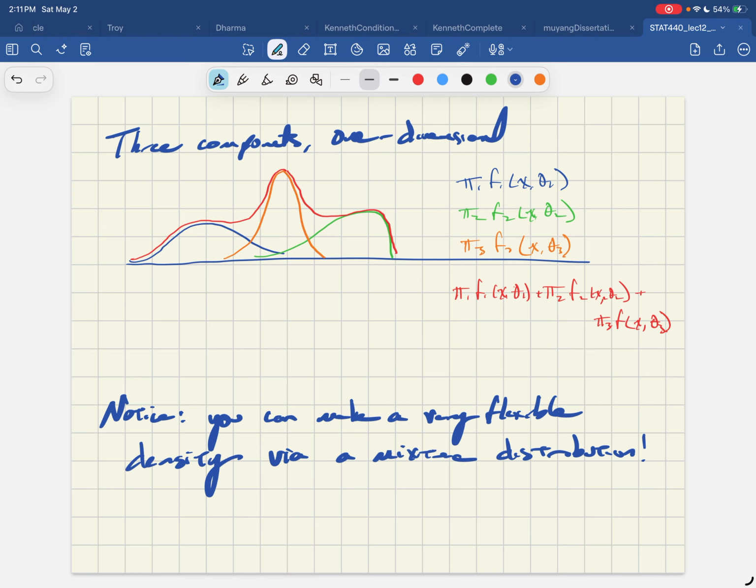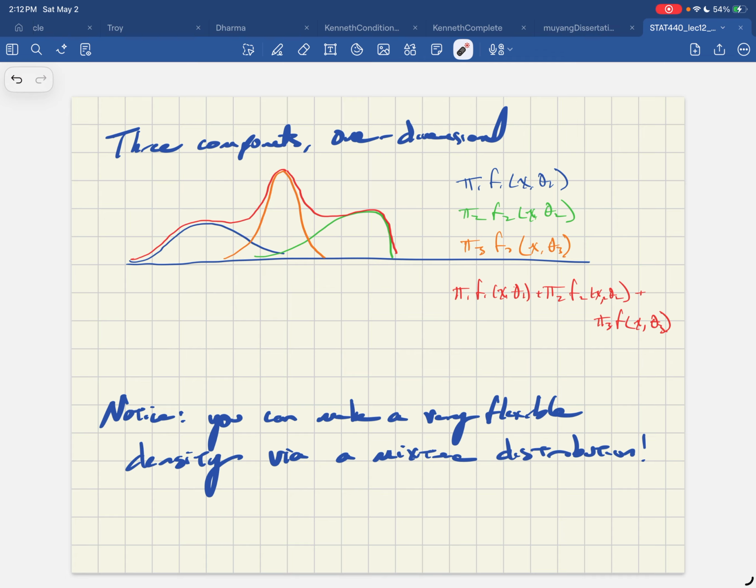Here now what we have is we've got 3 components. We're still dealing with 1-dimensional data. I'll show you a picture of 2-dimensional data on the next slide. But here is component 1 is this blue guy. Component 2 is this green guy. Component 3 is this orange guy.